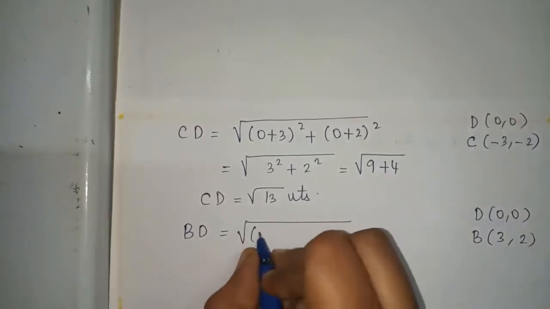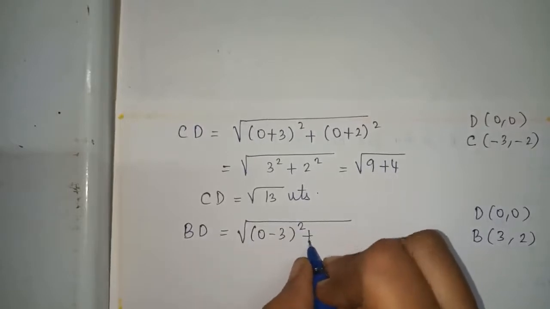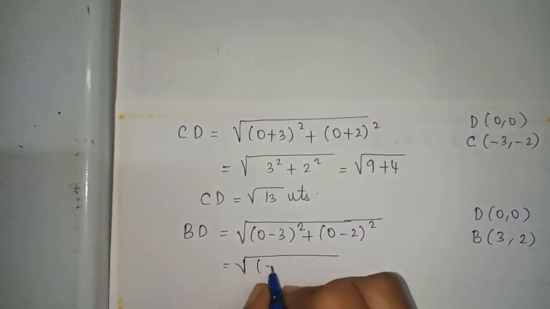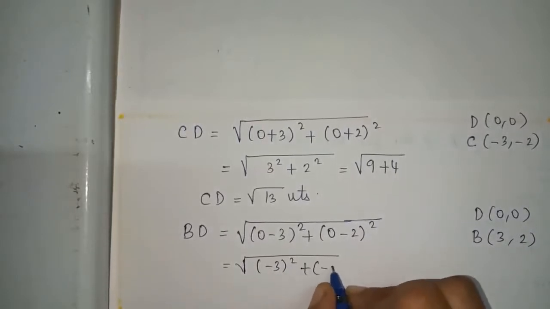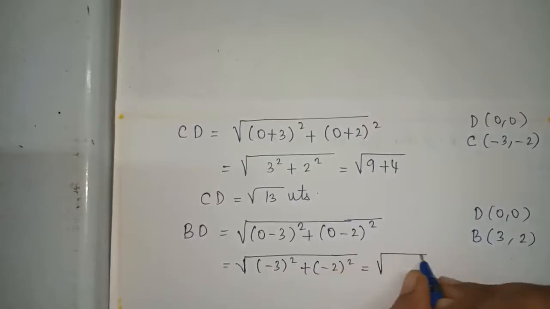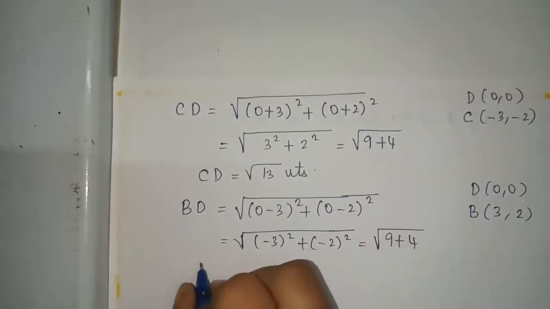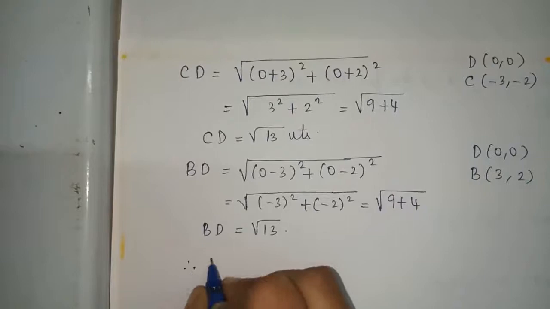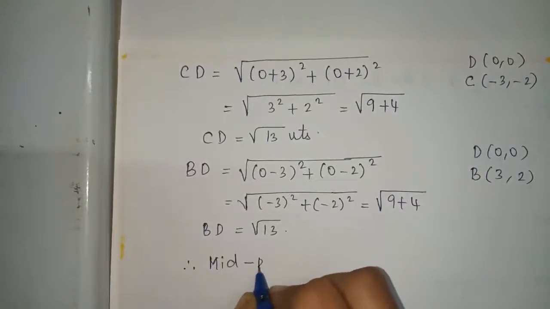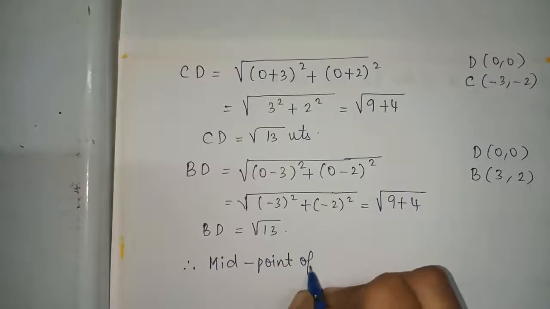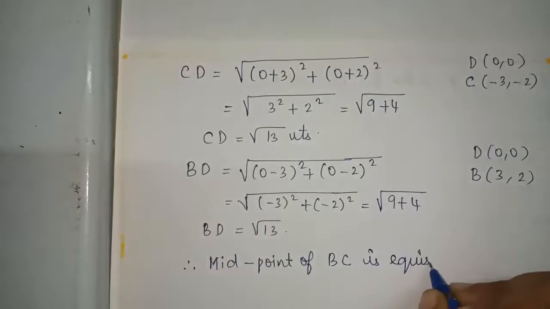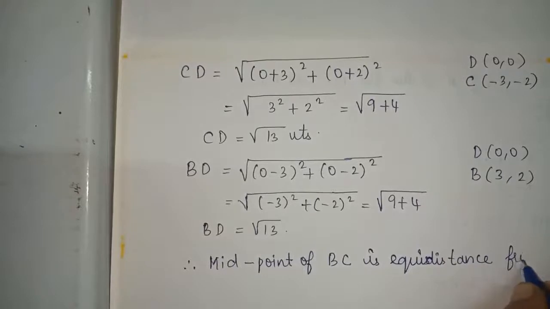So the root of (0 - 3) the whole square plus (0 - 2) the whole square, which is equal to the root of 9 plus 4. BD is equal to root 13. Therefore, the midpoint of BC is equidistant from the vertices.